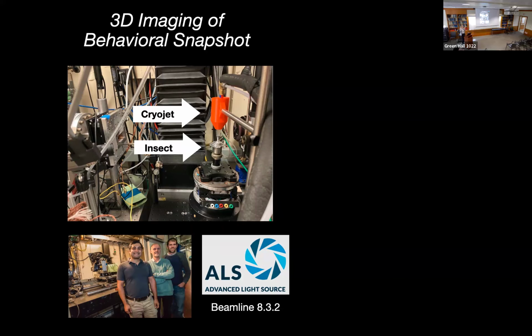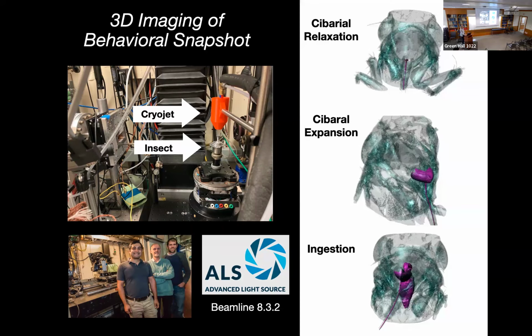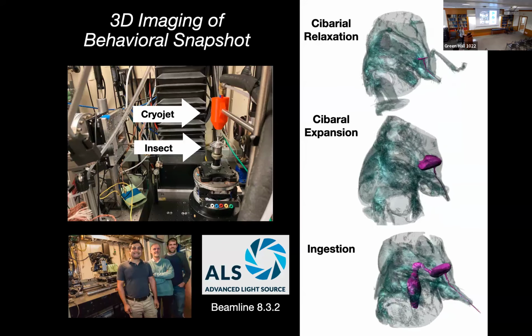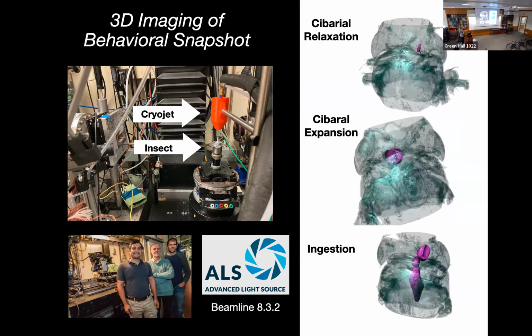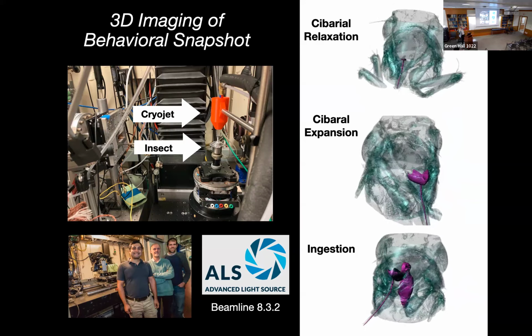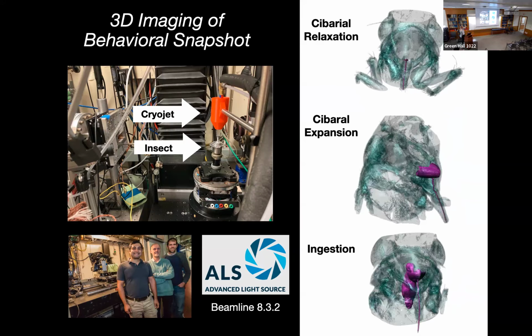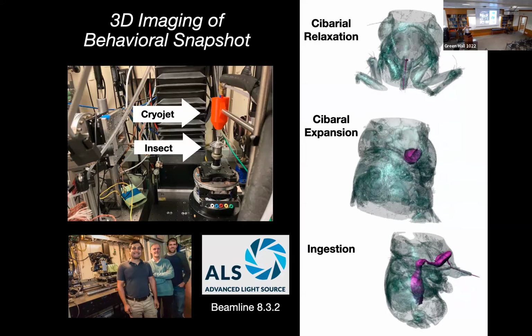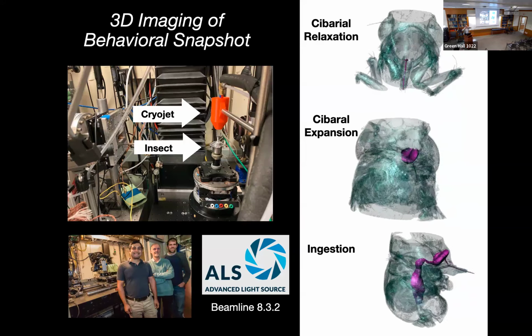So we could keep that snapshot intact and visualize it in 3D. We were able to get images of the cibarium when it was empty, when it was full, and when it was basically doing the equivalent of swallowing. I don't know if that's what they call it in bugs, but basically swallowing the xylem sap.